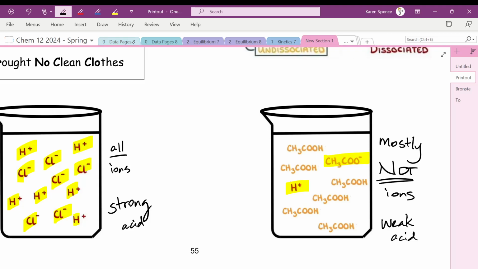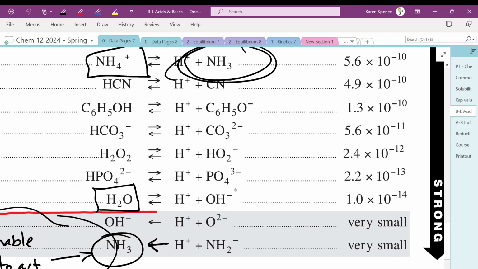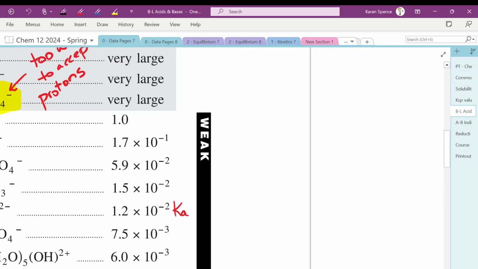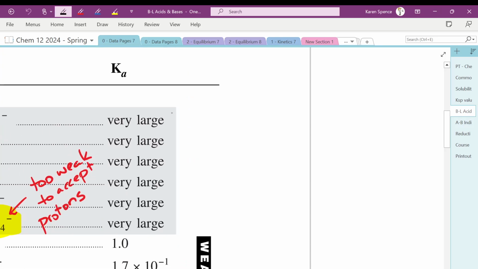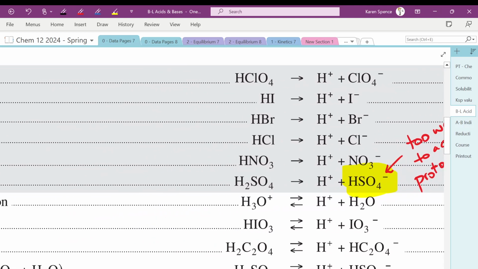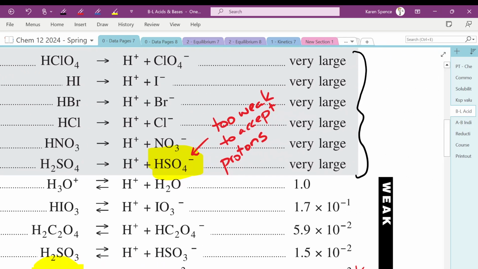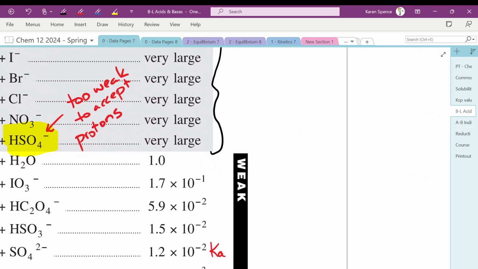Okay, and we're just going to take a quick look at our data pages again. Okay, because I want you to take a look at all of the Ka values. Our strong acids, we have the Ka is very large. We have hydronium, the hydronium ion, which has a Ka value of 1.